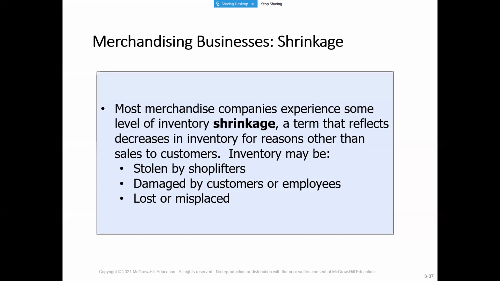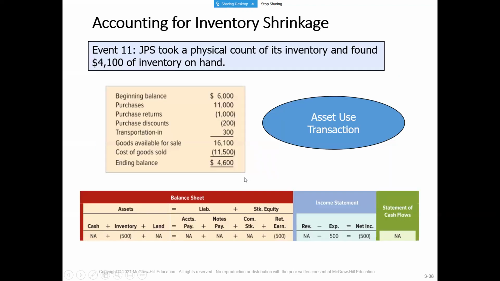Then what we have to do at the end of the period is come up with a count of inventory, best done more like twice a year. We compare what our ending balance of inventory should be with what it is.